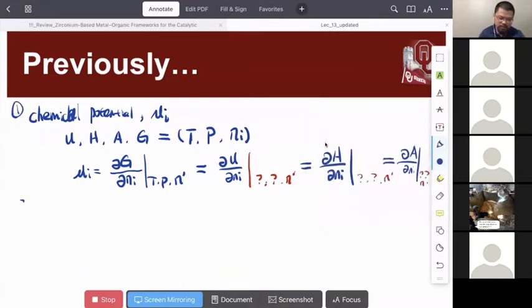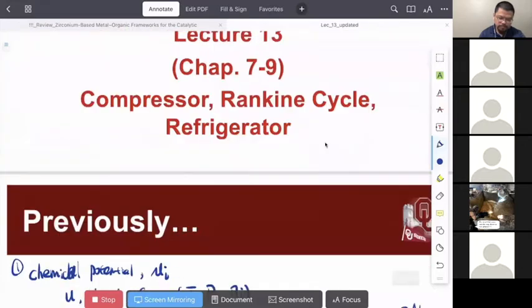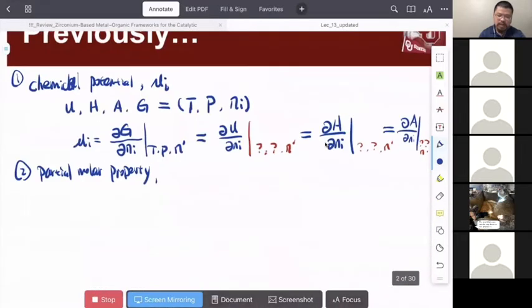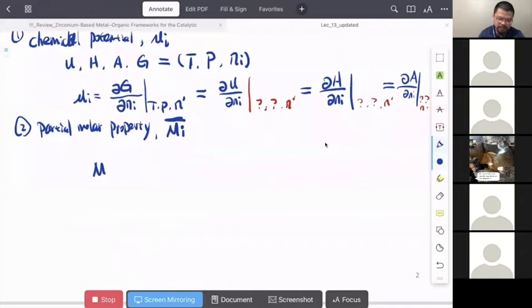The second thing would be the partial molar property. Let's pick the property M. Then this partial molar property is with respect to a certain species, and partial with a bar on top. So that partial molar property is defined. There's no way we can manipulate, no freedom at all over there.